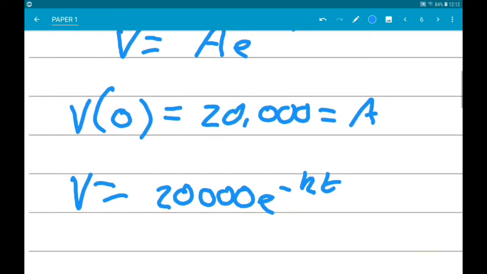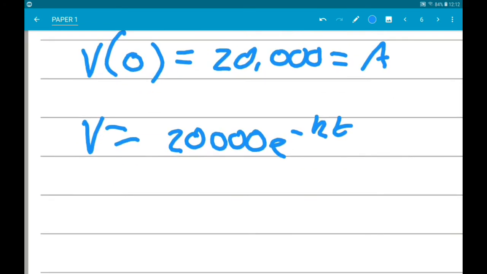Now, we also know then, after 1 year, the value of car is 16,000. So, v of 1 is 16,000.